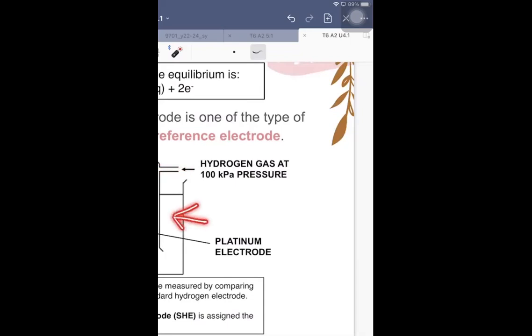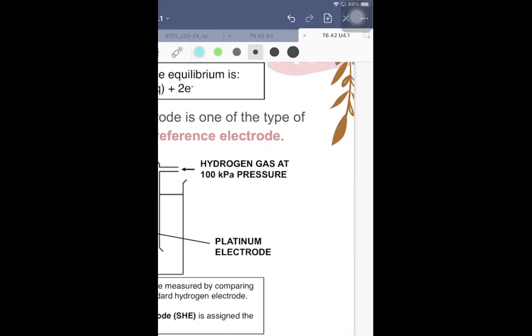That means your solution must contain H plus, whether we're using HCl, a monoprotic acid, or H2SO4, a diprotic acid. The most important thing is that its condition must be standard, because we call it a standard hydrogen electrode. The standard condition is that the concentration of H plus must be 1 mole per dm cube. So that's our first condition.